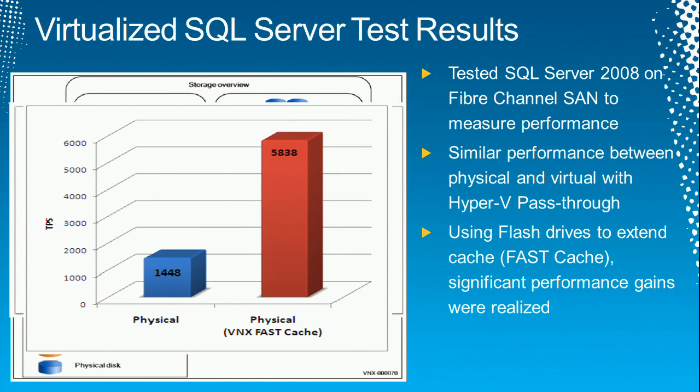What we showed is that if we were virtualizing SQL Server and had some cases in which the SQL workload may not be a fit for virtualizing because of high I/O requirements, we can extend the fast cache using flash drives to give better performance, and actually make those environments a use case for virtualizing.